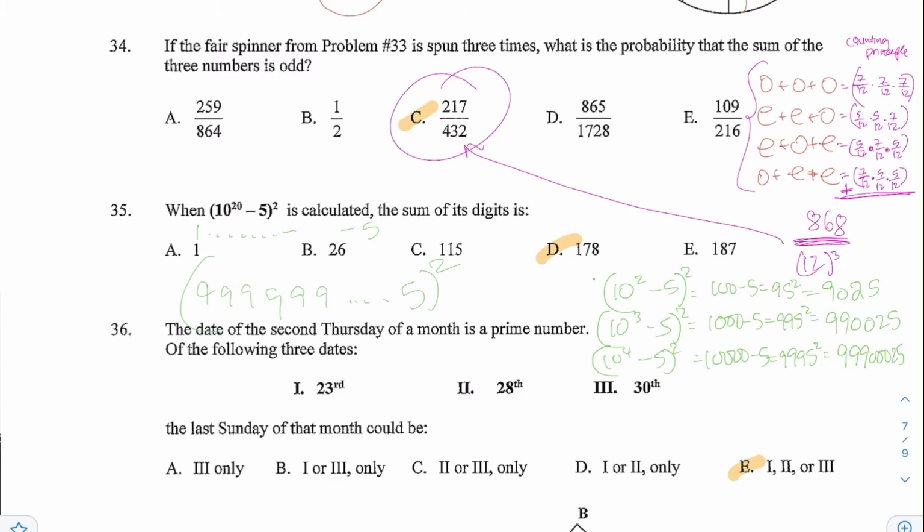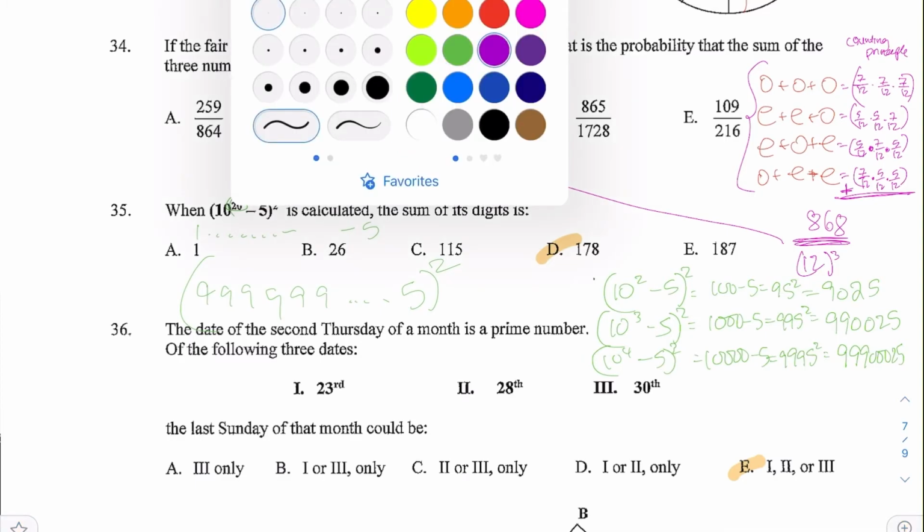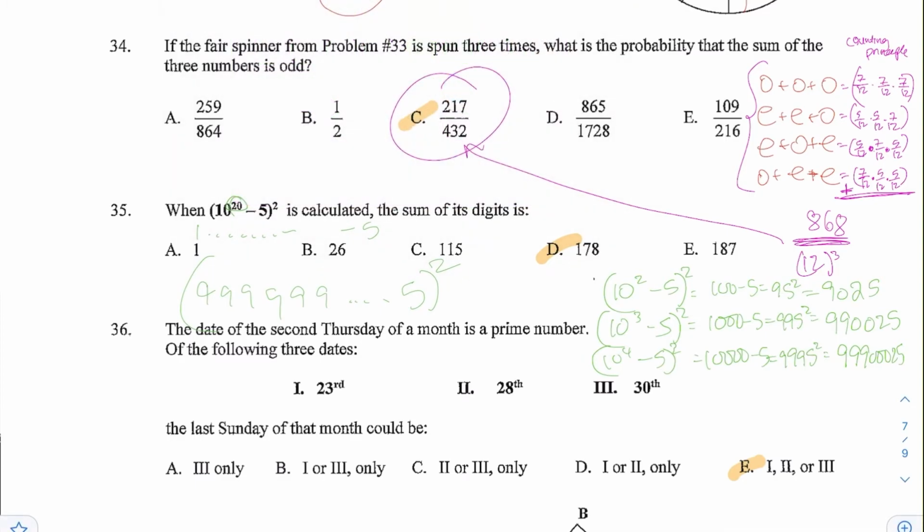So when you have 10 raised to the 20th power squared, you just want to look for a pattern for the exponent. With 2 in the exponent, you have just 1 nine and 1 zero. But with 3 as the exponent, you have 2 nines and 2 zeros. With 4 as the exponent, you have 3 nines and 3 zeros.